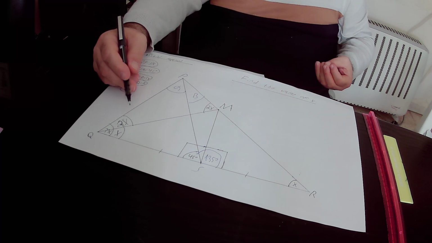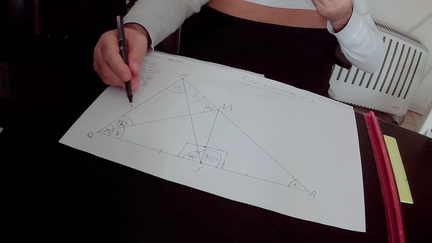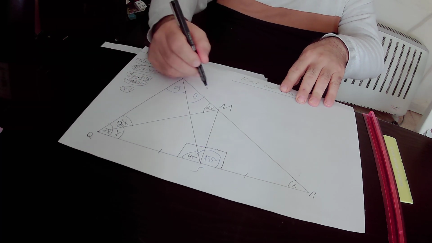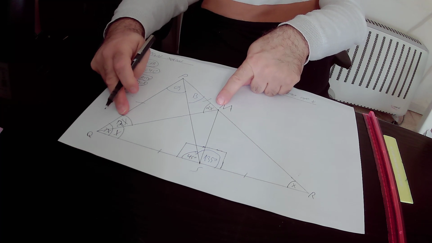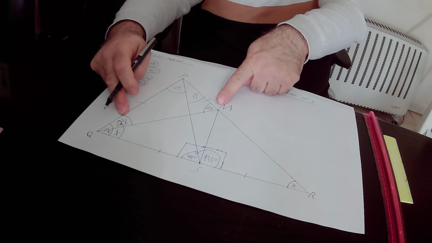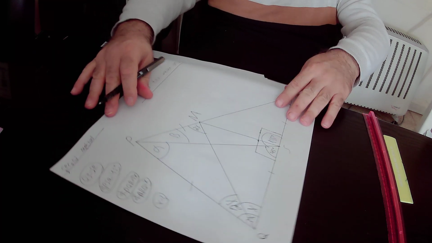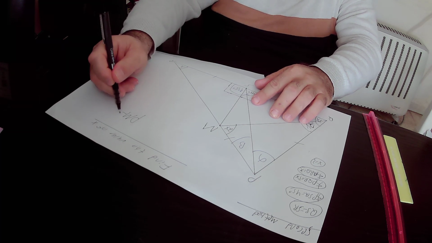And according to the rule that in front of equal angles in the triangle there are equal sides, we get that PM equals PQ. PM equals PQ because in front of those two equal angles we have equal sides. So you can write here that PM equals PQ.